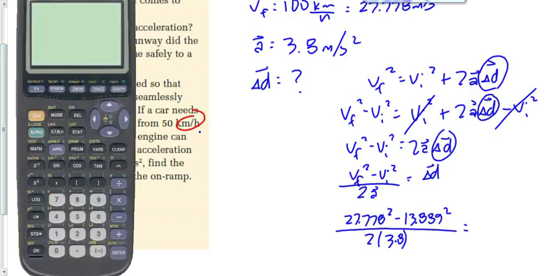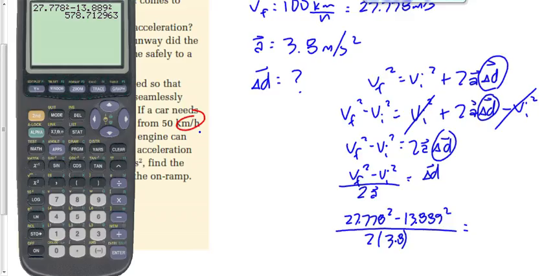Let's do this as a group on the calculator just to make sure that we can all do it. Say 27.778 squared minus 13.889 squared. Let's press enter. Some of you guys like to do everything all at once, and sometimes I do too, but I think especially if you're not an expert on your calculator, it's safer just to do the top and the bottom separately.